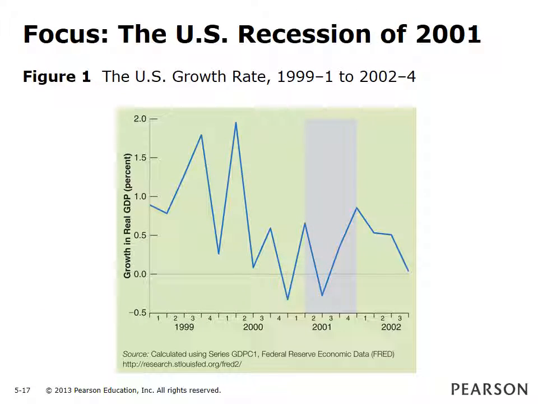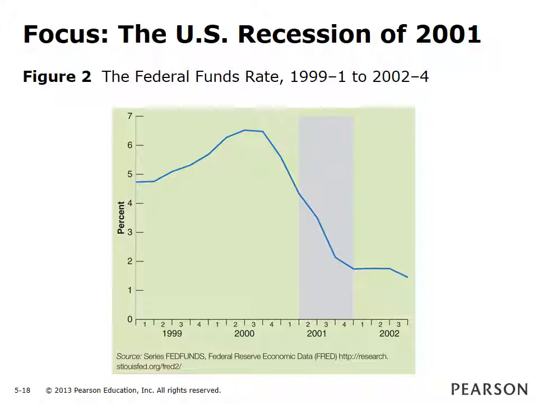Figure 1 shows the U.S. recession of 2001, lasting from March 2001 to September 2001. Figure 2 shows how the Fed followed an expansionary monetary policy by aggressively reducing the federal funds rate starting in early 2001.